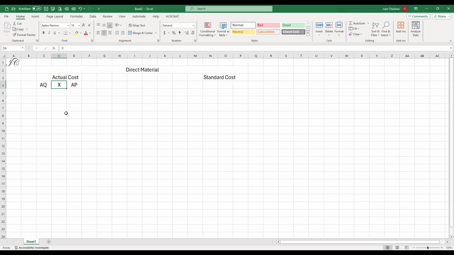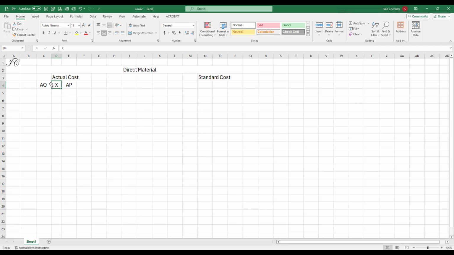Make sense? Yes, I think so. Okay. That's our actual cost. How about the standard cost? How are we going to get the standard cost? If we're getting actual cost from actual quantity and actual price, how are we going to get the standard cost?